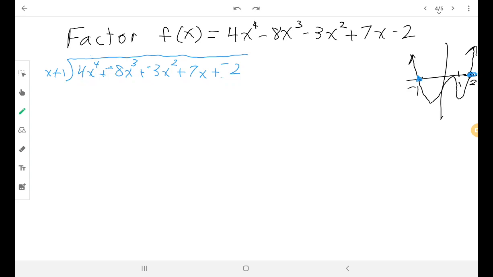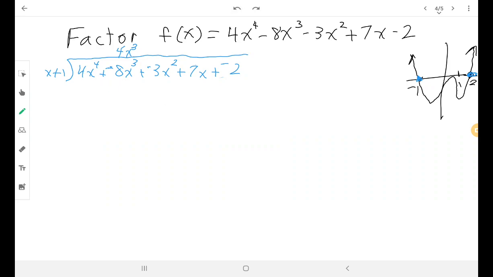Well, 4x cubed times x would give me 4x to the 4th. So I'm going to put a 4x cubed up here. And in long division, what you then do is you take this and you multiply it by all of that, which is going to require us to distribute. And then you put it underneath this stuff here.